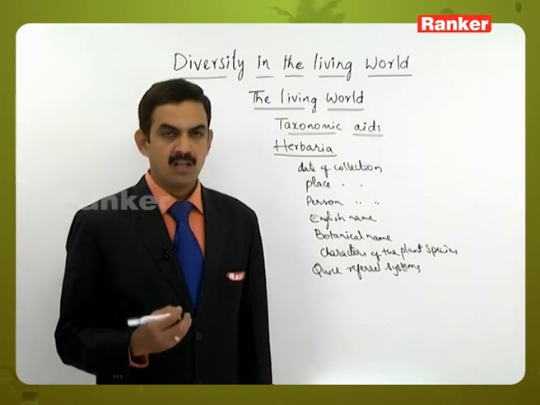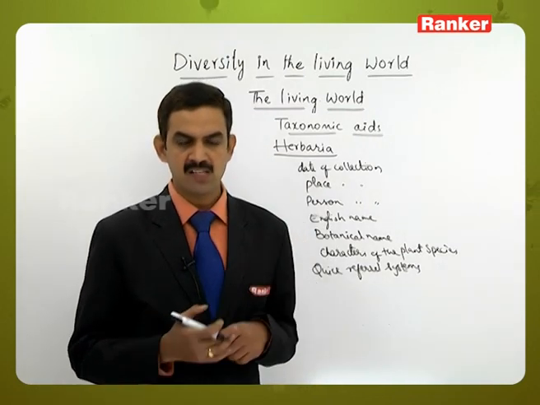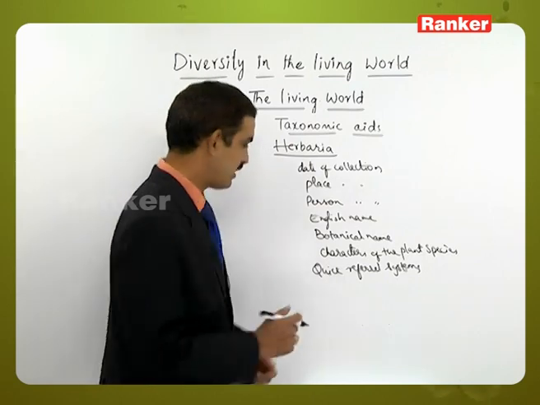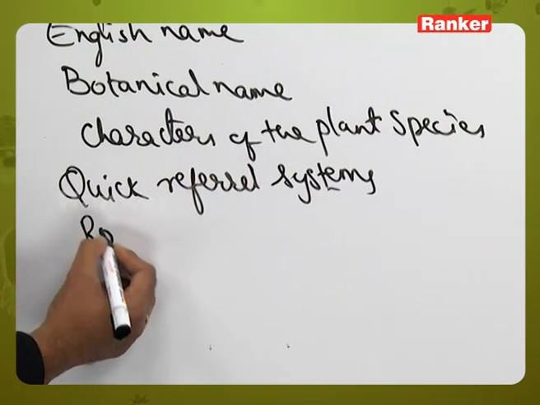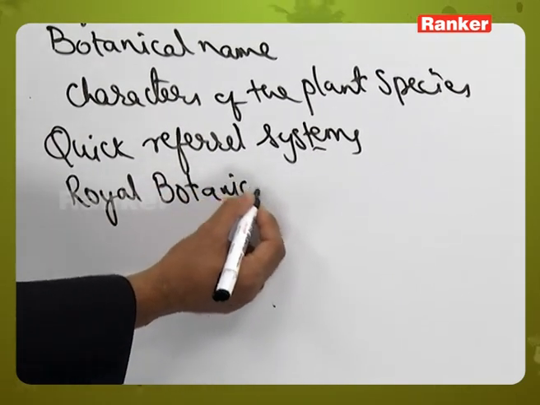Every country may have its own plant species preserved in the form of herbaria, but an internationally well-known collection is the Royal Botanical Garden.